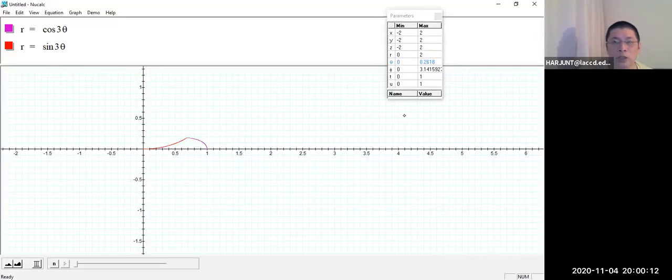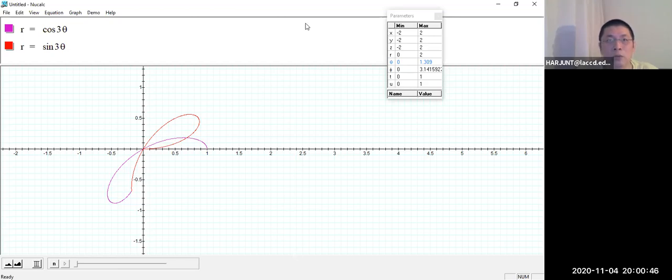So what I will do is change this theta here to 5 pi over 12, which is 1.309. Where do they meet? Oh, that's where they meet. Okay.